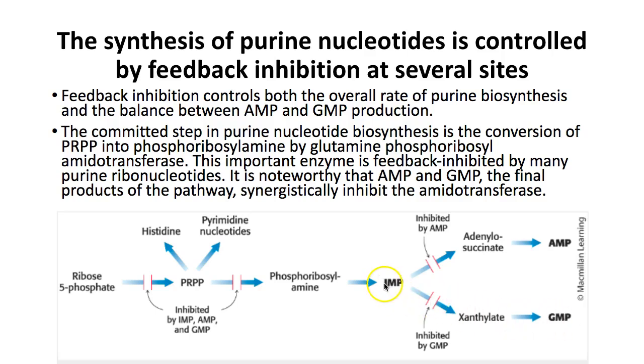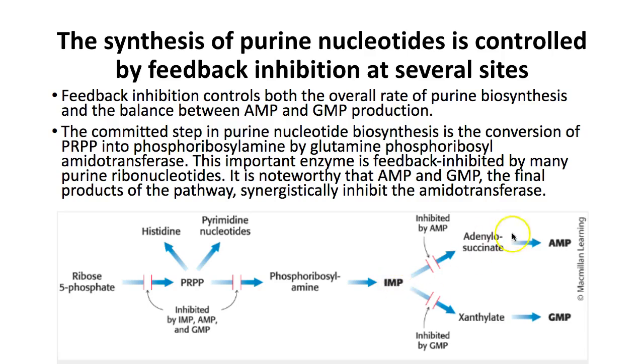But the purine nucleotides IMP, AMP, and GMP can all be used as an inhibitor for stopping the commitment step of PRPP being converted into phosphoribosylamine, which we know is the commitment step to create purine nucleotides.